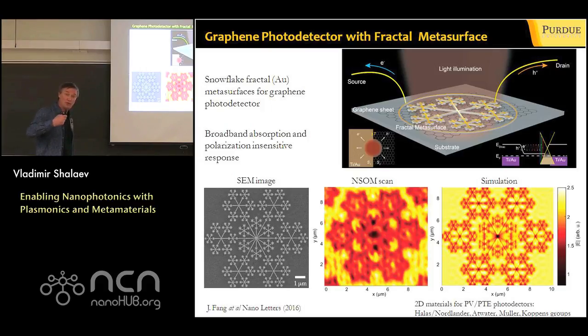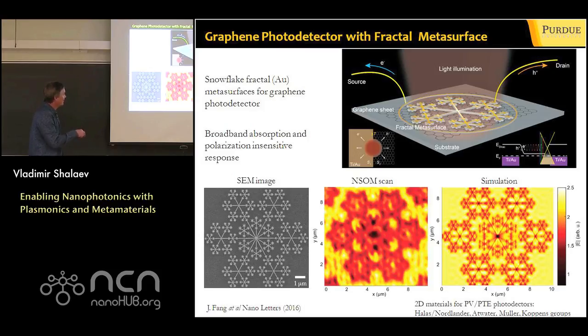Because these hotspots have very high local fields, therefore they're called hotspots, and therefore provide enhancement. And by different wavelengths, you create different hotspots and provide enhancement at these different spectral regions. So altogether, you cover a very broad spectral range.